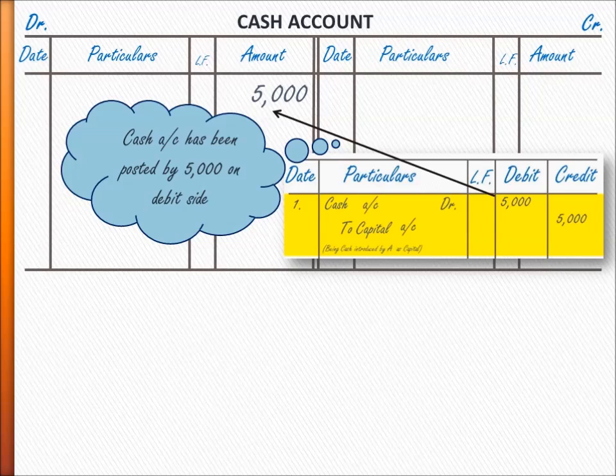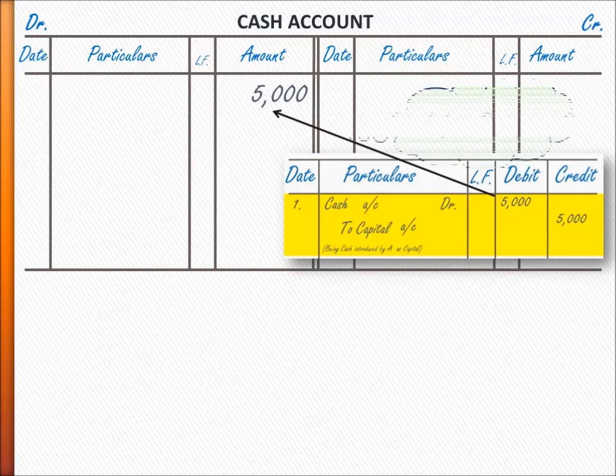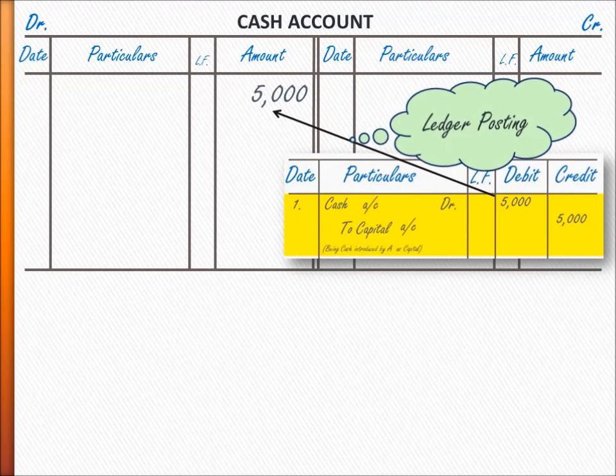When we transfer the amount from journal entry to ledger, sometimes technically we call it that we have posted the amount or we have done the ledger posting. So be careful about these new terms. Previously we had made journal entries. Now we are going to do the ledger posting. Ledger posting means to write down the amount in different ledgers on the debit side and on the credit side.